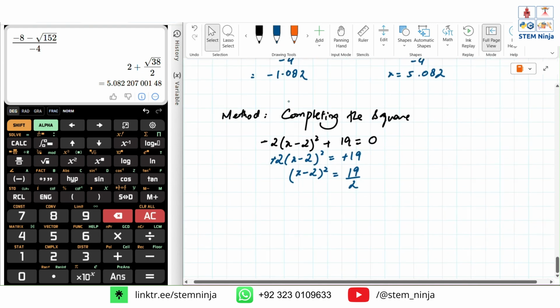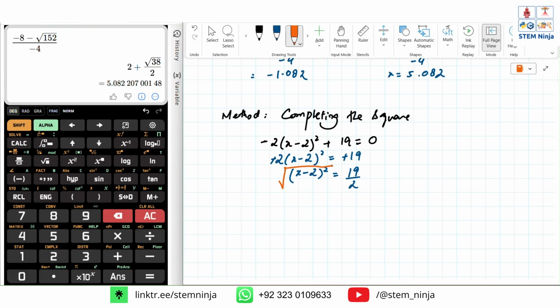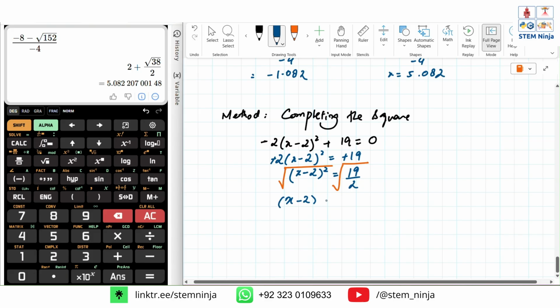Now, when we take the square root on both sides, one thing we have to remember, we have to take the plus minus sign into account. So this would be equal to plus minus root 19 over 2. So the final answer would look like 2 plus minus root of 19 over 2.